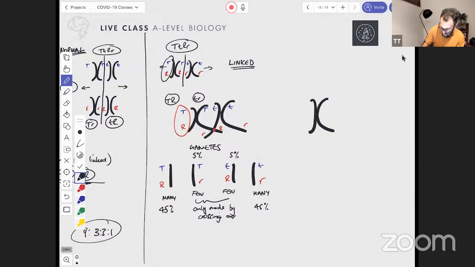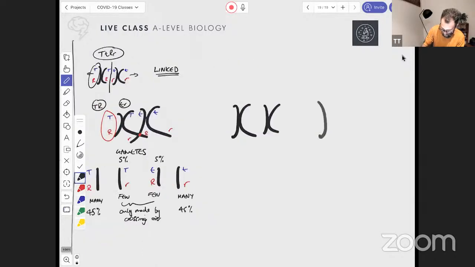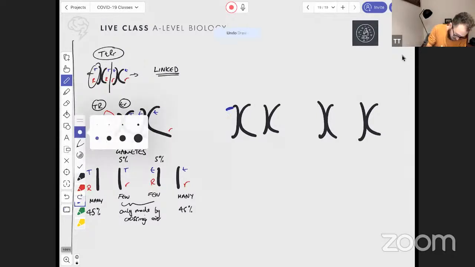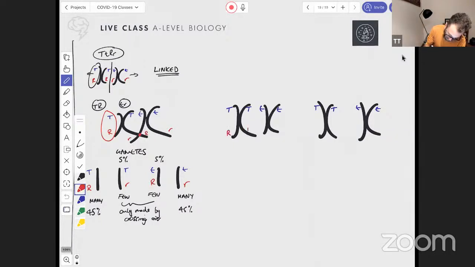Let's draw both of them. If we have T's here, I'll draw the T's in the same place on both of them. And we have our R's as I've drawn them down here. Or if our R's are up here, which ones are more likely to be separated by crossing over?